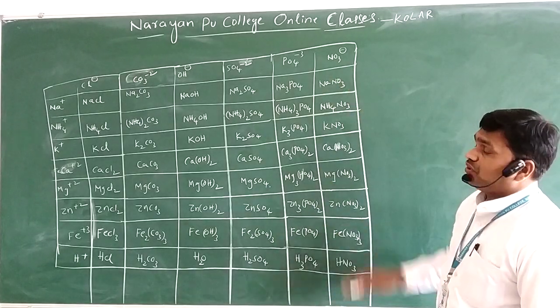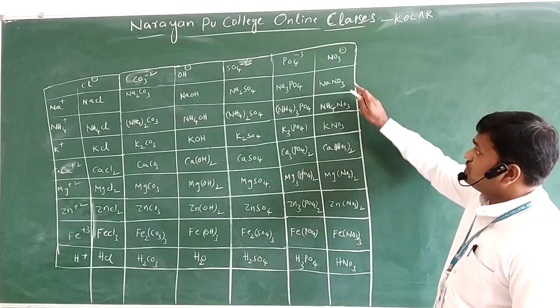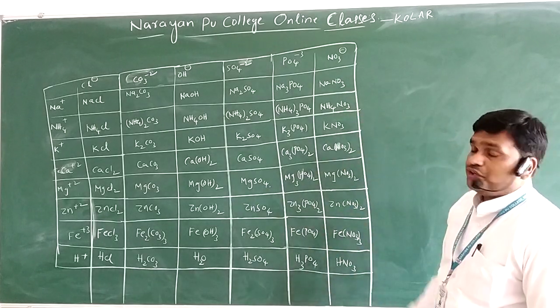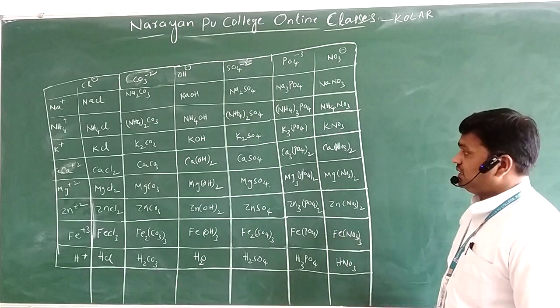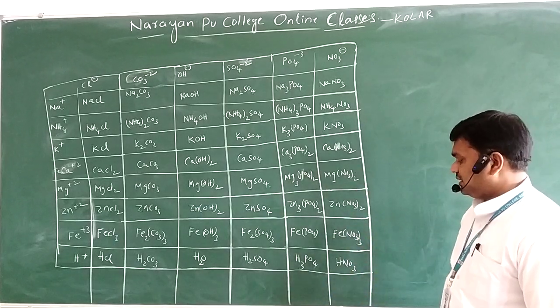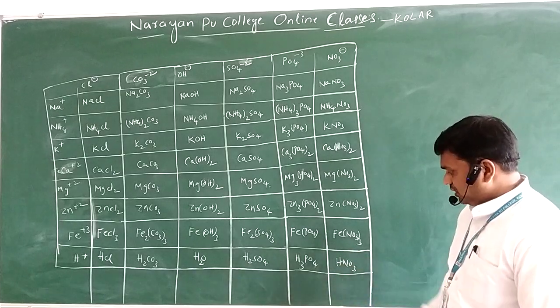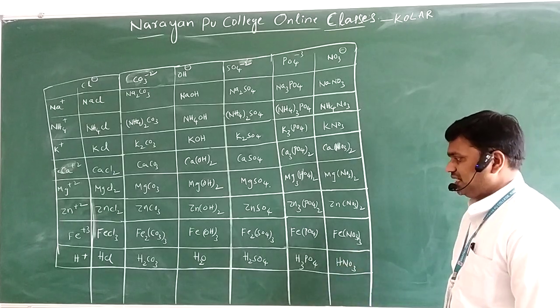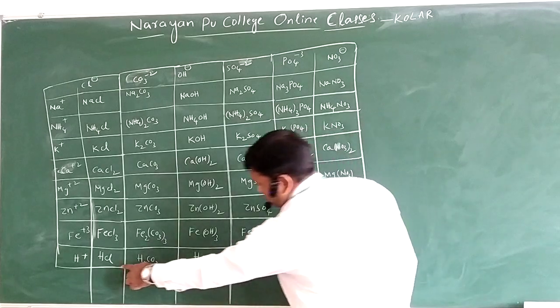Clear? Now come to NO3 minus: sodium nitrate, ammonium nitrate, potassium nitrate, calcium nitrate, magnesium nitrate, zinc nitrate, iron nitrate. Finally we have HNO3, nitric acid.